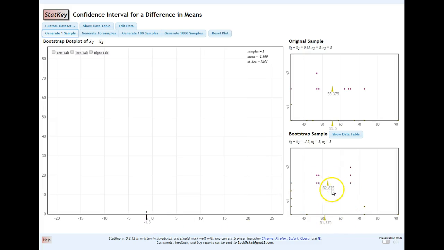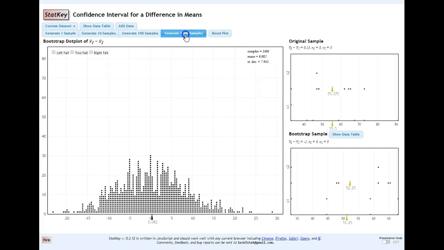And it'll find the average of each group, and that yellow little arrow is the average for each group, and that's where that is on the screen. Then it subtracts those two. It takes S1 minus S2 and plots the difference on the StatKey graph.